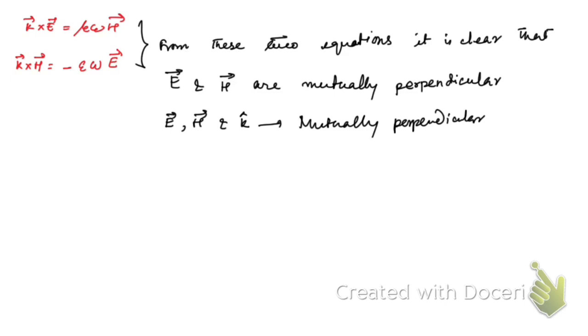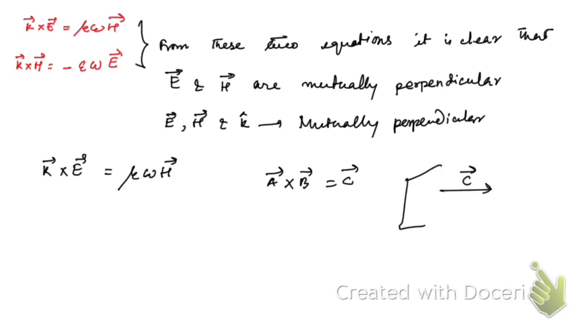Now you see, if we have K cross E equal to minus mu omega H, what does it mean? We know if A cross B is equal to, suppose, C vector, that means this C vector is perpendicular to the plane containing A and B vector.